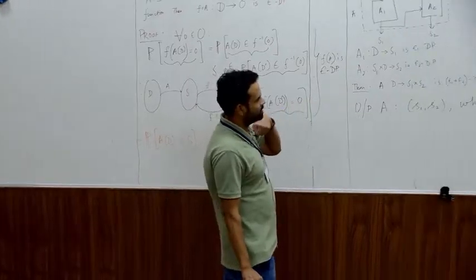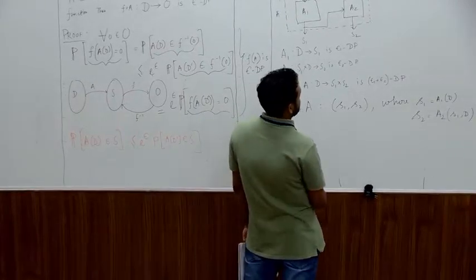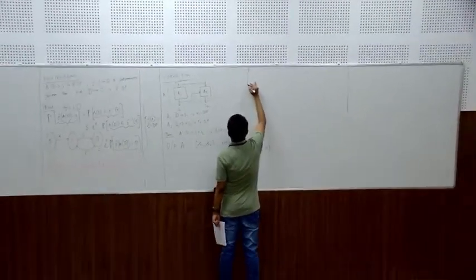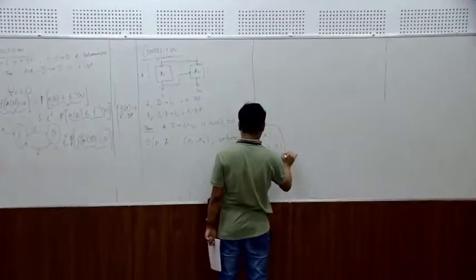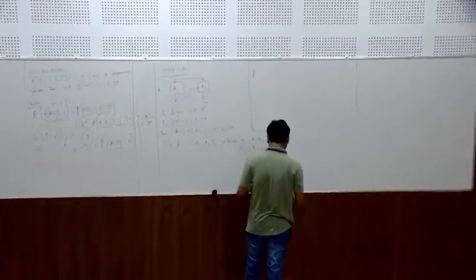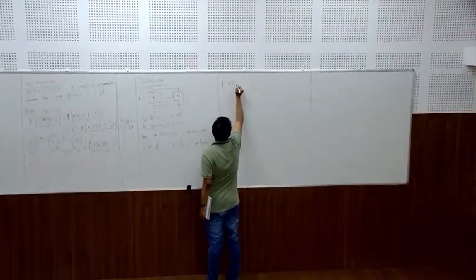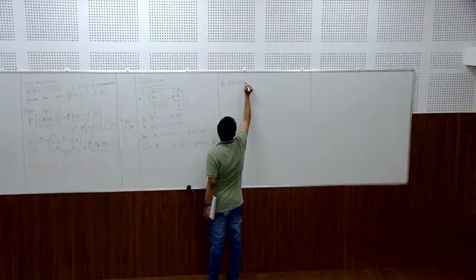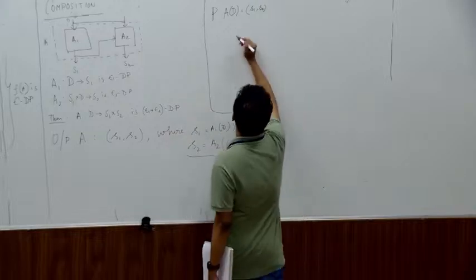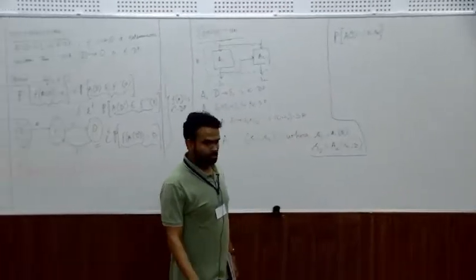So now we have to show that A is DP, right? So let's try to do that. We have to show that probability of A(D) is small s1 comma small s2. Fix some small s1 comma small s2. Fix one output of A. How do we write this?